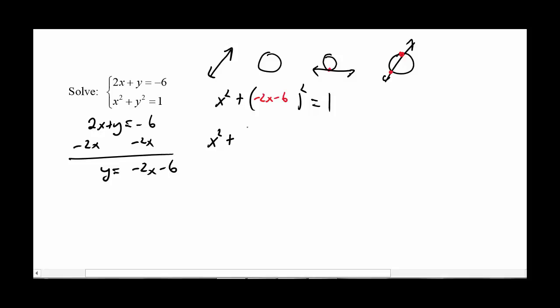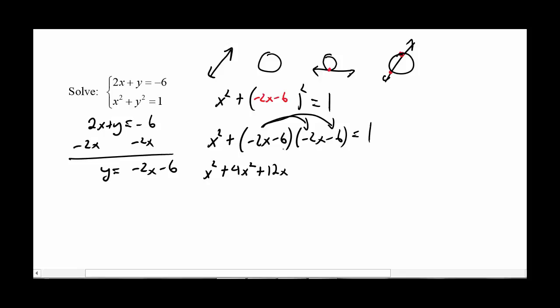And if you remember, that squared means we're doing two of them side by side. So I'm just going to FOIL that. So x squared, let's see, negative 2x times negative 2x is 4x squared. And negative 2x times negative 6 is 12x.